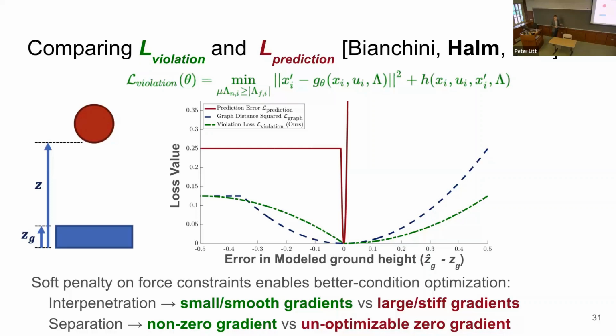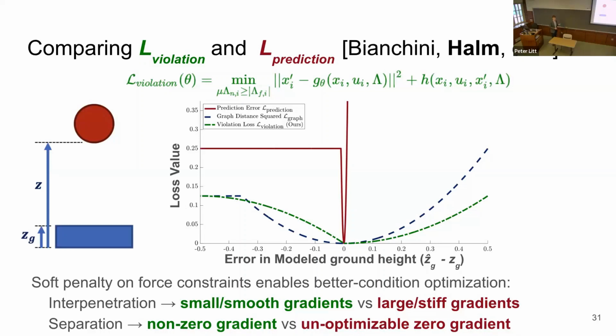With prediction error, if the height of the ground is underestimated, lower than it actually is, then in your data it appears like an impact happened, but there was no contact. But prediction error would not predict that there is contact, so changing the ground height a little bit isn't going to fix anything. There's a flat region of prediction loss shown in red on the left side, where changing your parameter doesn't help. There are no gradients to descend.